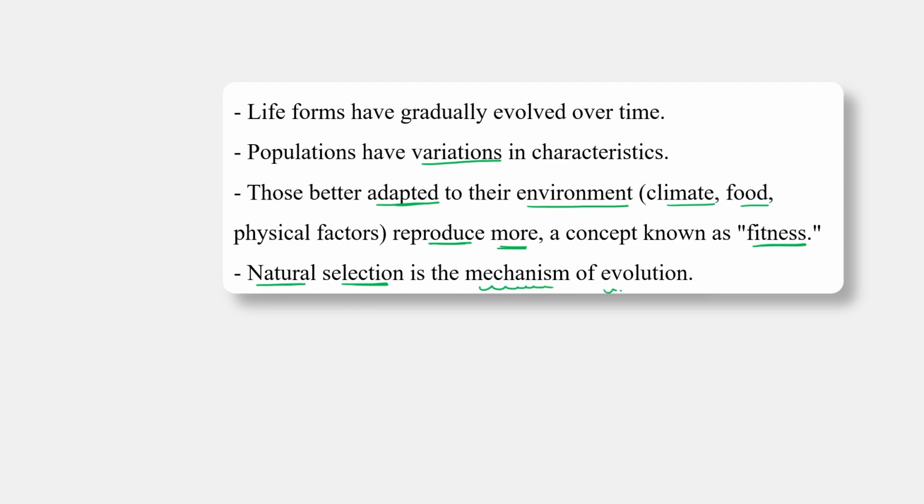Natural selection is the mechanism of evolution, and this is how different populations, different types of species develop gradually. So that's why Darwin suggested that life forms have gradually evolved over the passage of time.